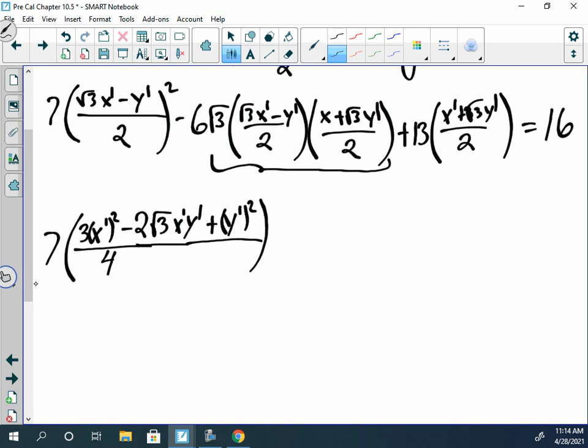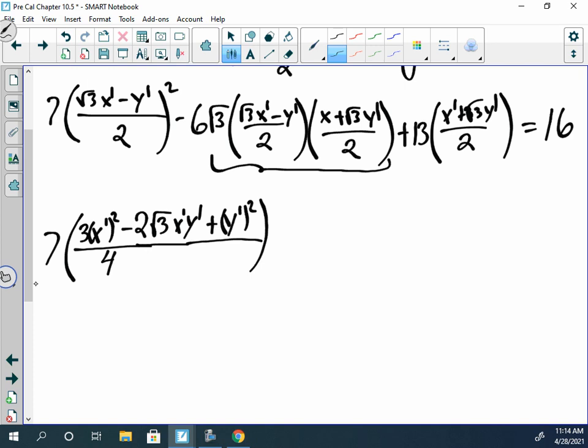Where a in our case is the square root of 3 x prime, square root of 3 squared is 3, then we have x prime squared. Now the middle term, we're going to have two of them. A is square root of 3 x prime, b is y prime, and it is negative because of the subtraction. Negative and negative make a positive, and we have y prime squared.